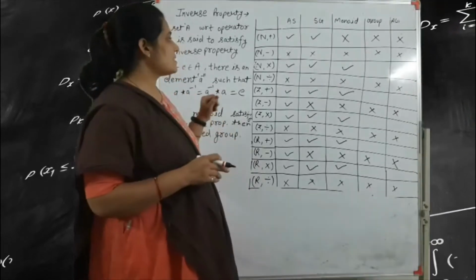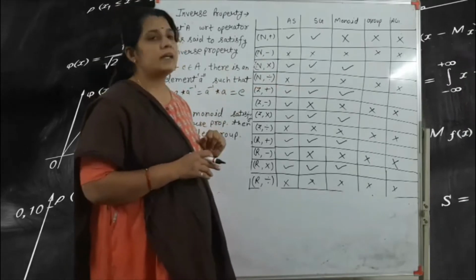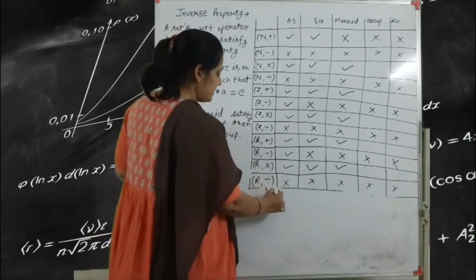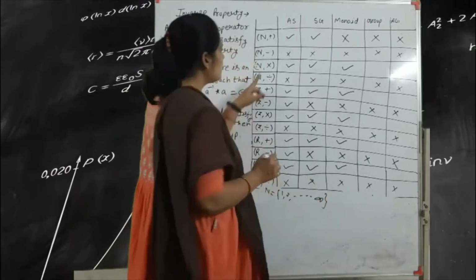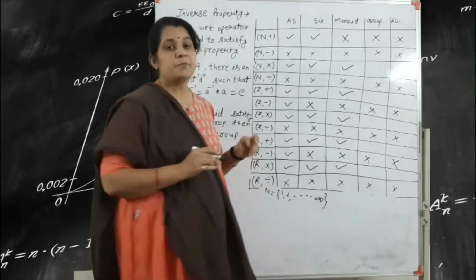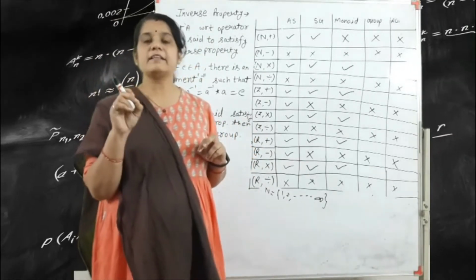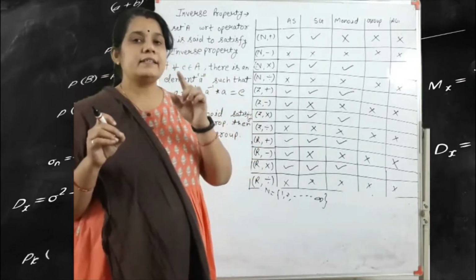Okay, so let's start. The next is N with multiplication. So if we write here the set N: 1, 2, 3 up to infinity. In multiplication we have an element and the inverse of that element, so we get the identity element 1.